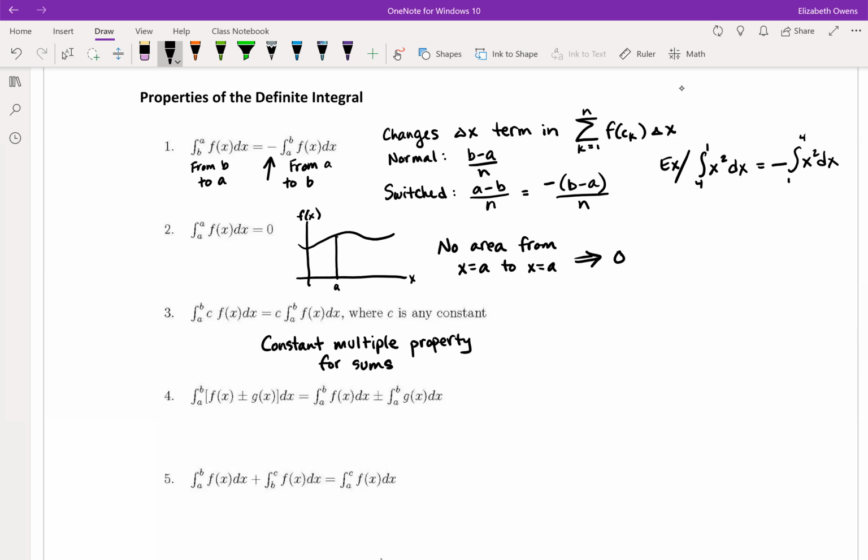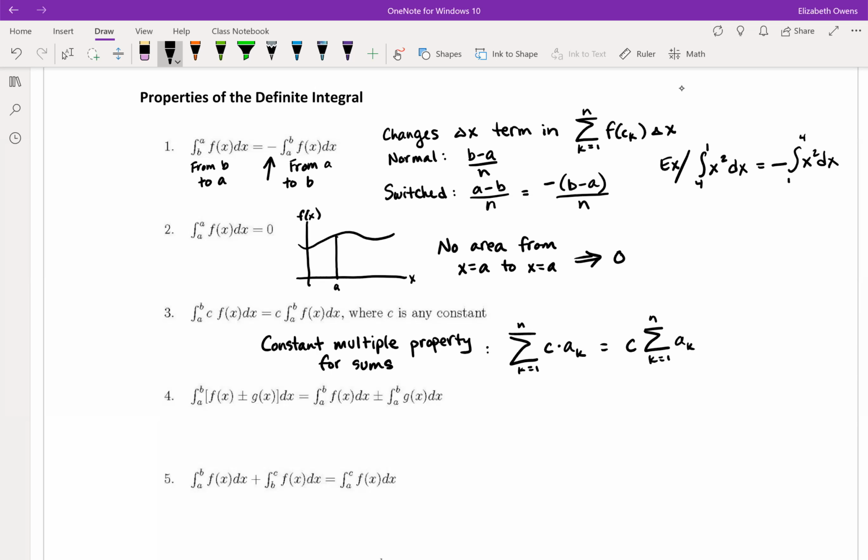That property looked like this. If you were taking a summation of a constant times some terms, you could pull the constant out of the summation: c times the summation of the a sub k's.